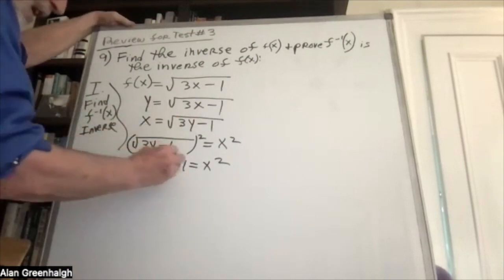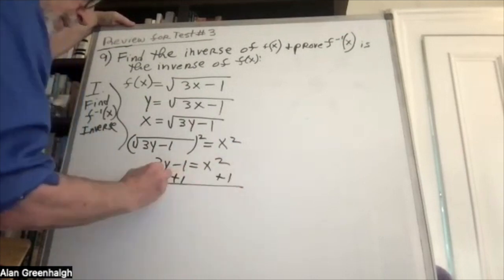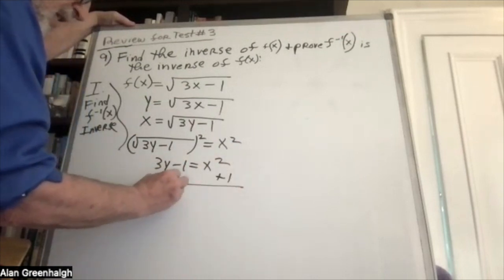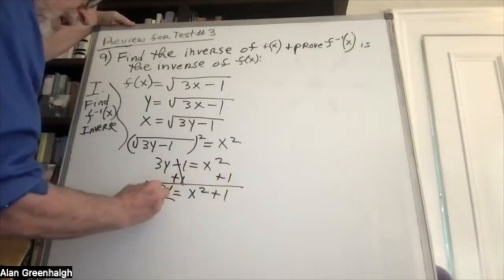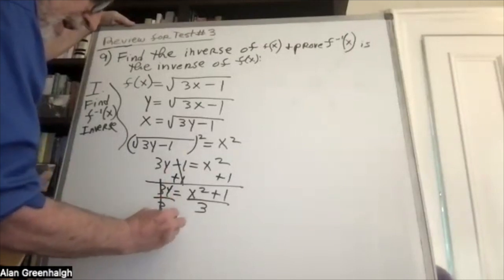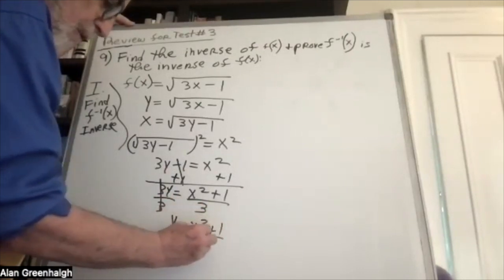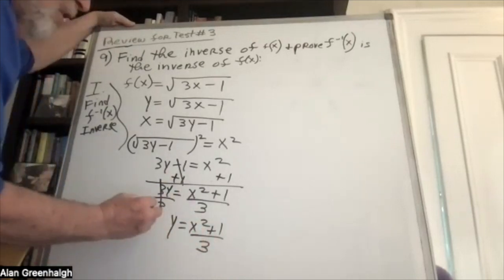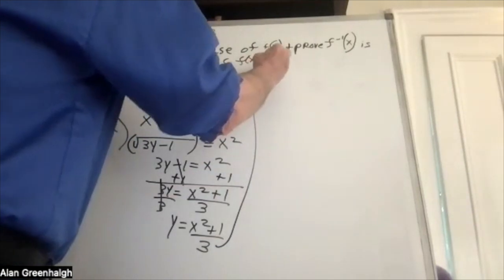And now you just solve for y. Bring over the 1. 3y is equal to x squared plus 1, divide by 3, and y is equal to x squared plus 1 over 3. In other words, let's bring it back up here.